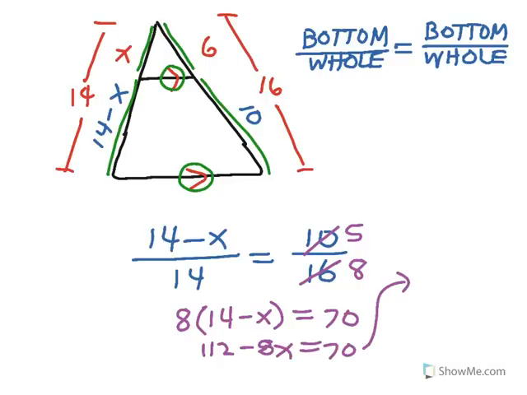And if I simplify, add 8x to both sides, subtract 70, I'll get 8x equals 42. And x is equal to, once again, 5 1/4, just like when we solved for it in the last example.